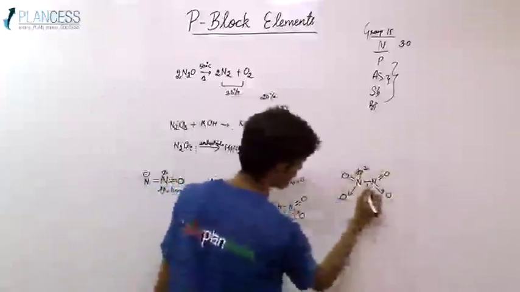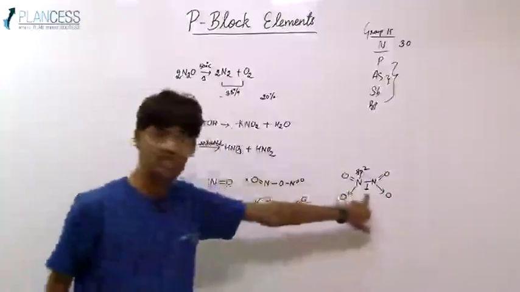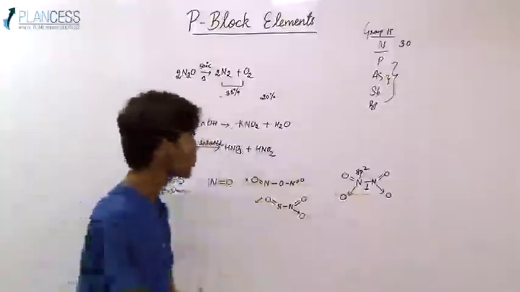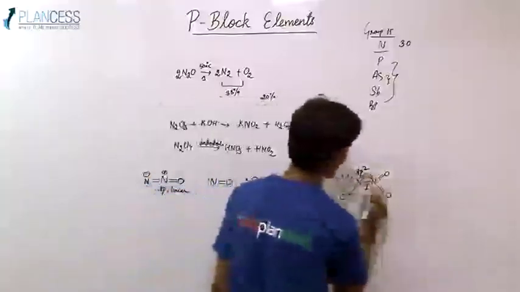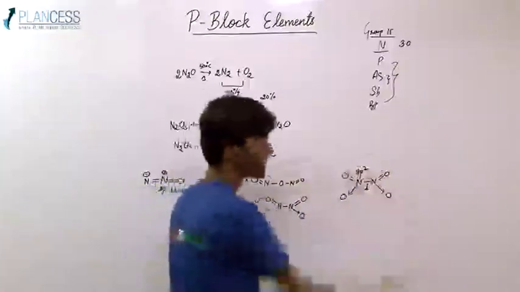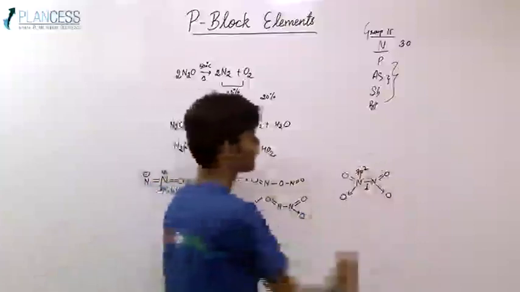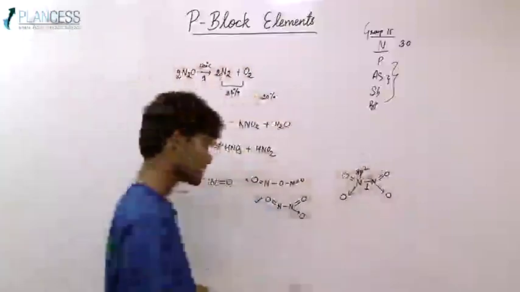This bond length is greater than the single N-N bond length because of more repulsion, and N2O4 is very unstable. NO2 is itself unstable, and N2O4 is again not very stable.